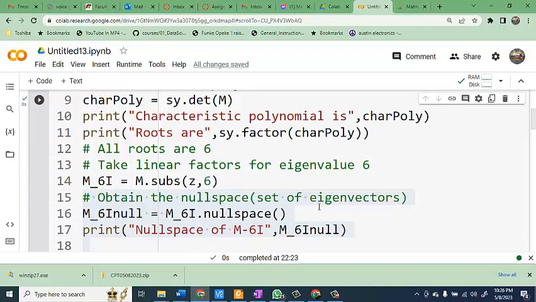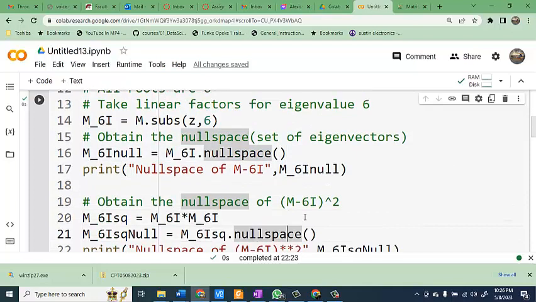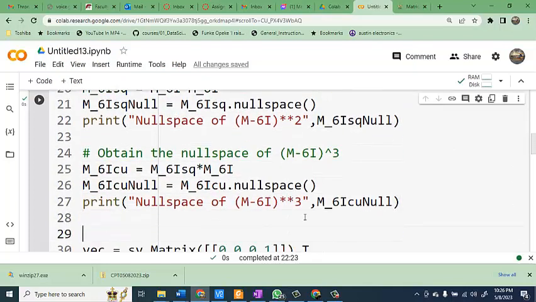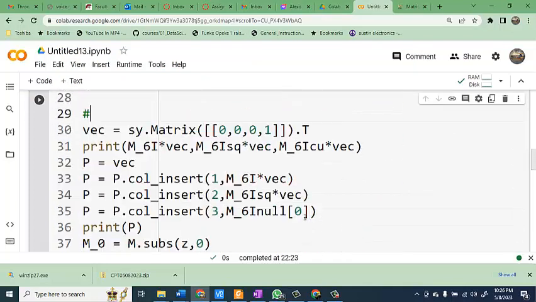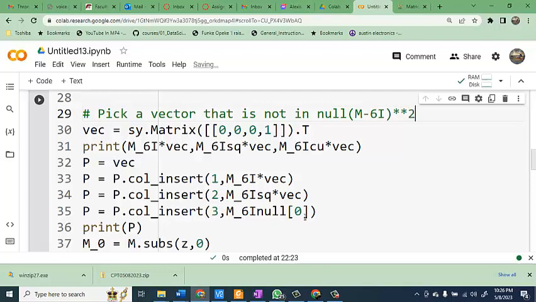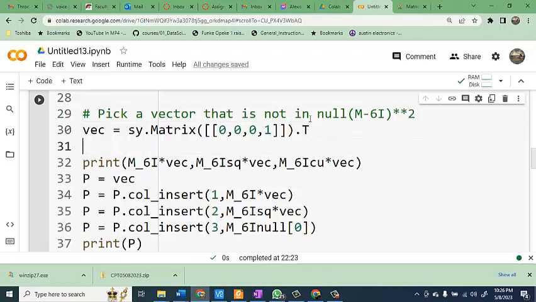All right. So this is: pick a vector that is not in the null space of M minus 6I. Okay, and I found out that this was it. Then here, print the string.